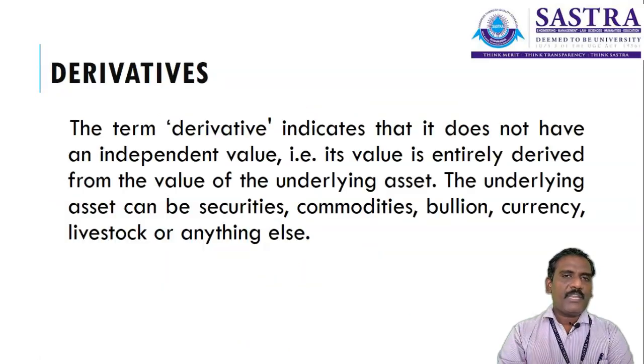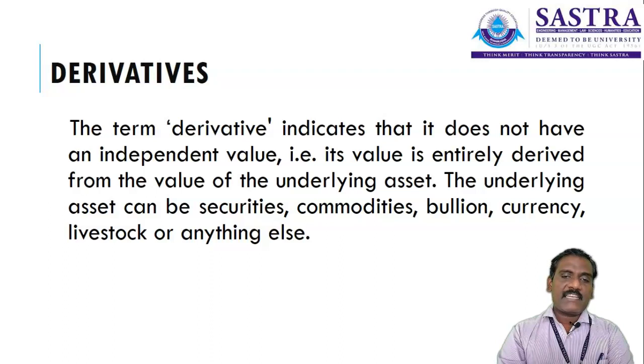I'll start with the meaning of derivatives. The term derivative indicates that it does not have any independent value. The value purely depends on, or is derived from, the value of underlying assets.